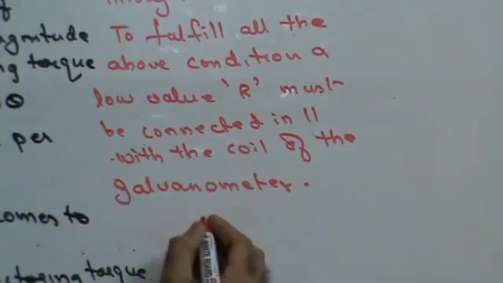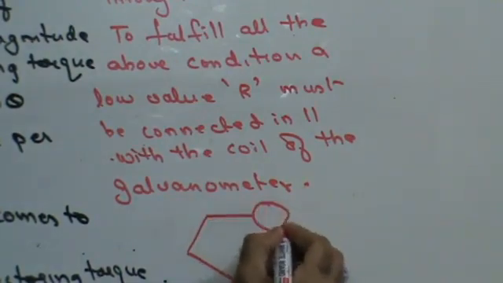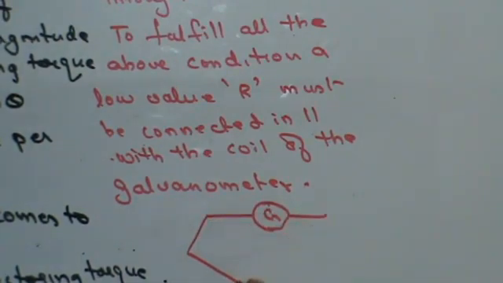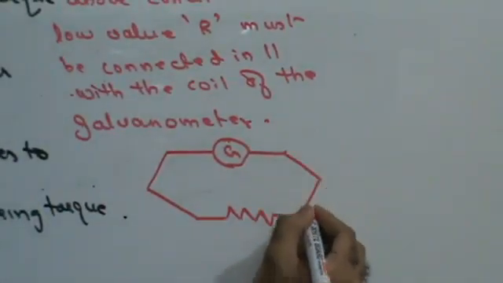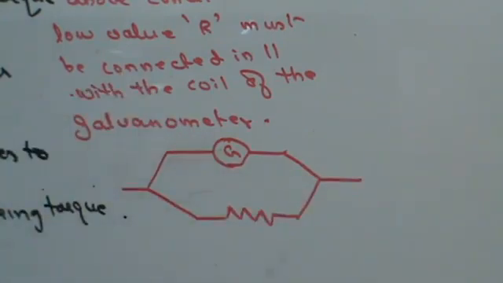Right? That means now your circuit, this is how your ammeter would be. You would have a galvanometer here and you would have a low value resistance in parallel with it. And this would be your ammeter.